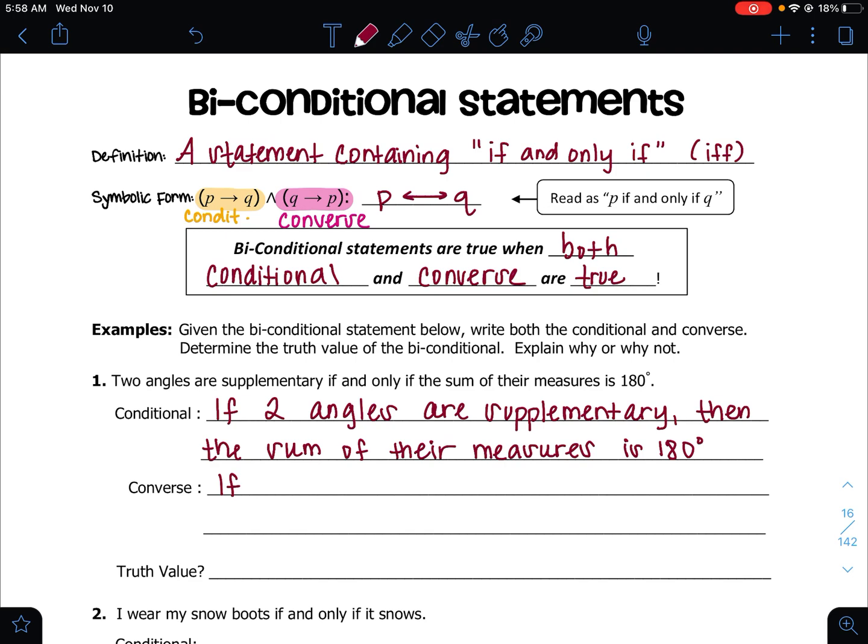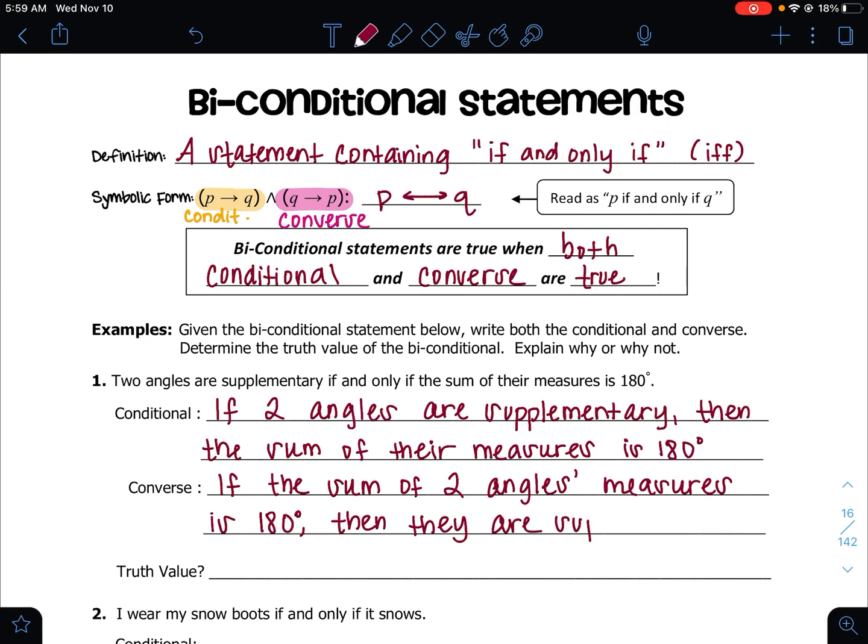The converse: if the sum of two angles' measures is 180, then they are supplementary.